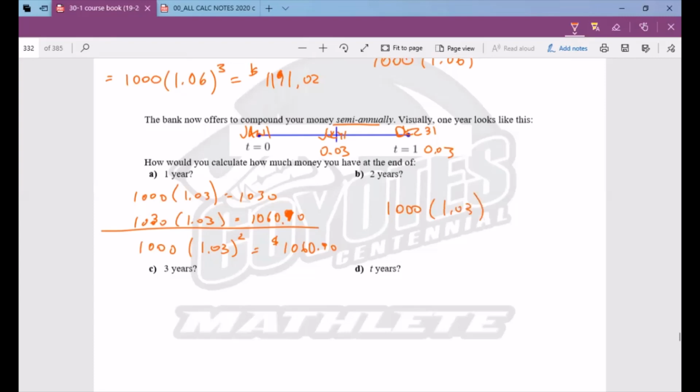So let's start to use this slicker tool. And $1,000, how many times have we compounded? By the end of 2 years, we have had 4 compounding periods because it was compounding twice per year. So it ends up being 1,000 times 1.03 to the 4. And we end up with 1125.